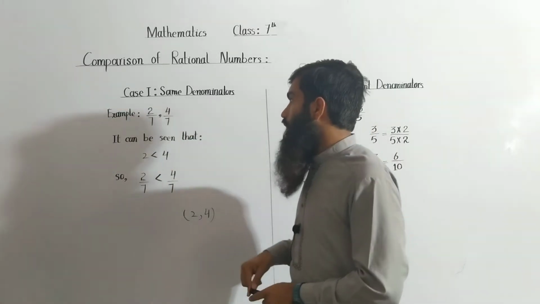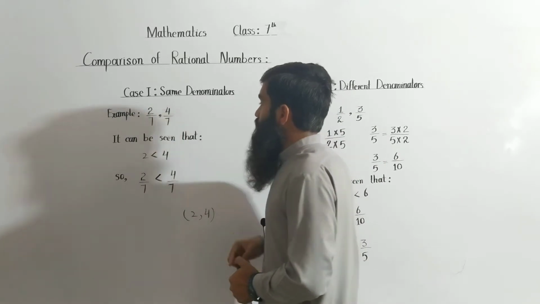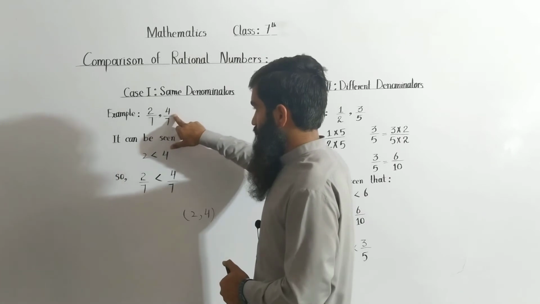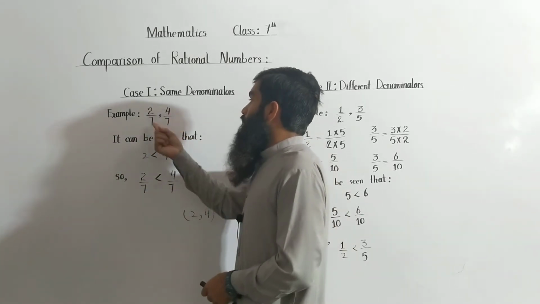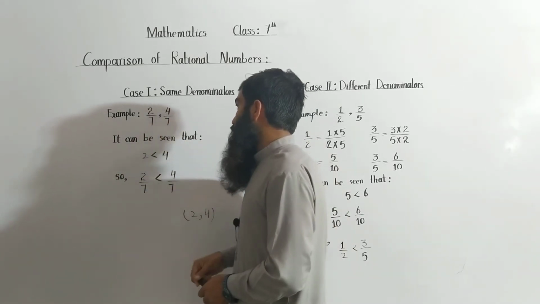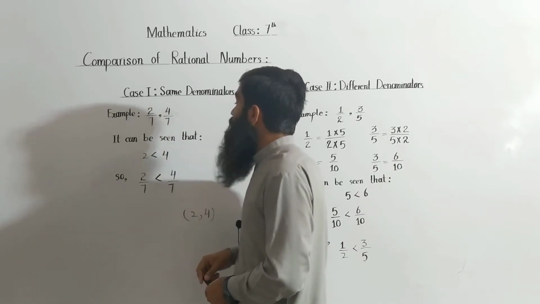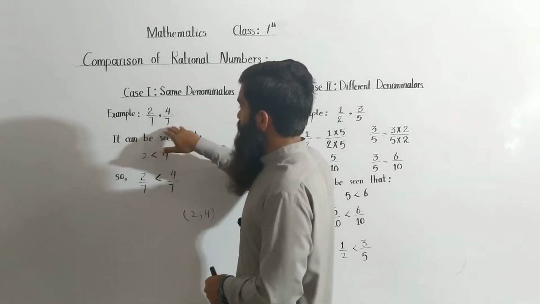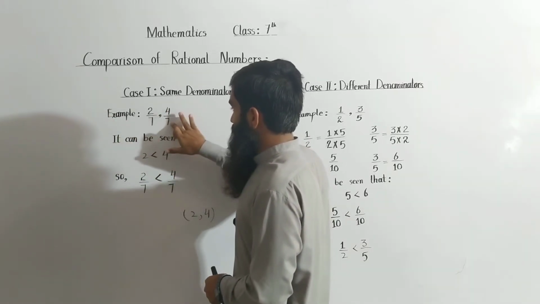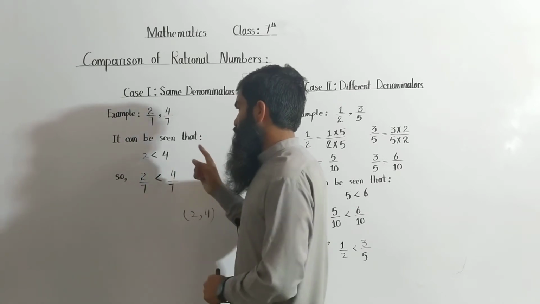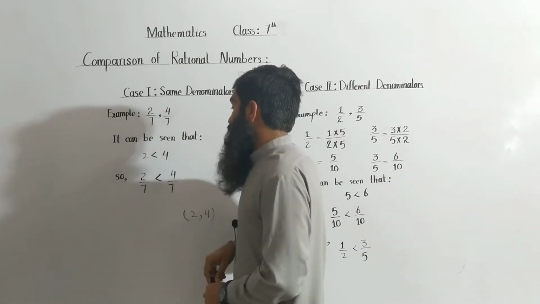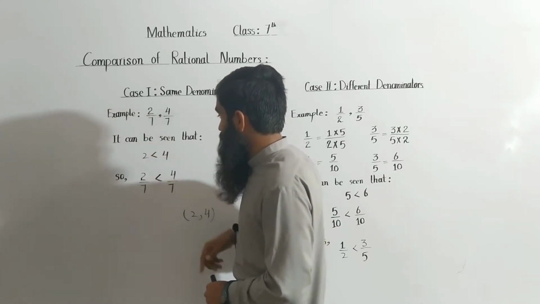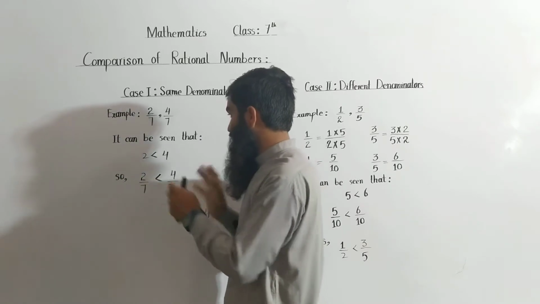First we will see case number 1, in which the denominators of both fractions are the same. Students, if the denominators of both fractions are the same, then simply you should neglect them and don't need to look at the denominators. Just look at the numerators, and from here it becomes easy to understand which number is greater.